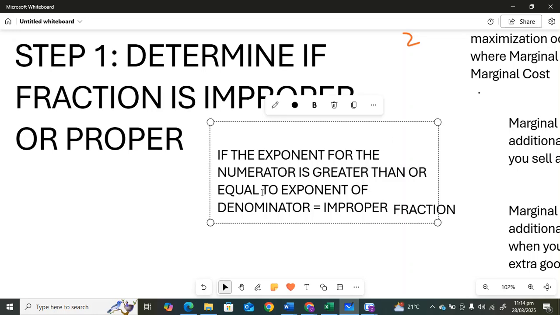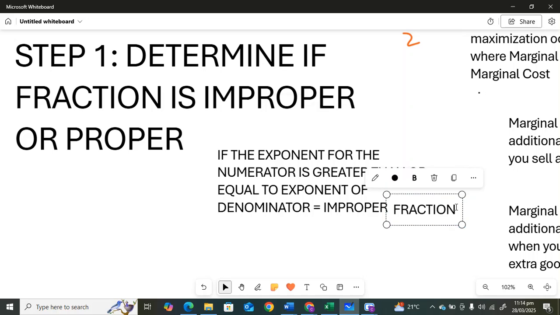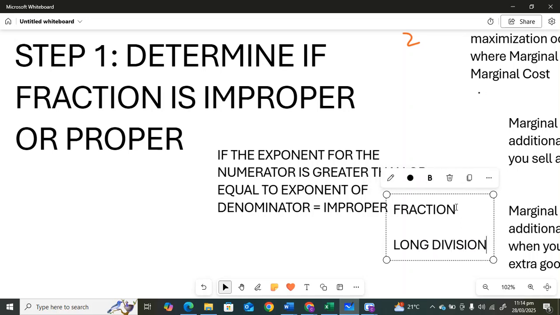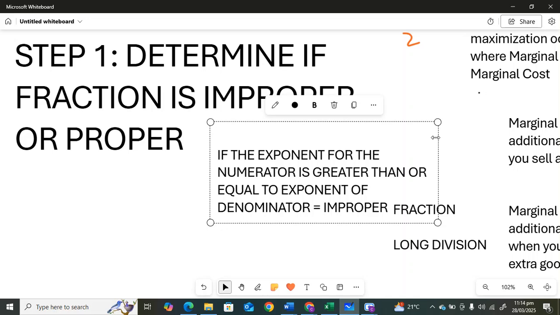If the exponent for the numerator is greater than or equal to the exponent of the denominator, you have an improper fraction, and when you have an improper fraction, you have to do long division. But if it's vice versa, the exponent for the numerator is less than the one for the denominator, then you have a proper fraction.